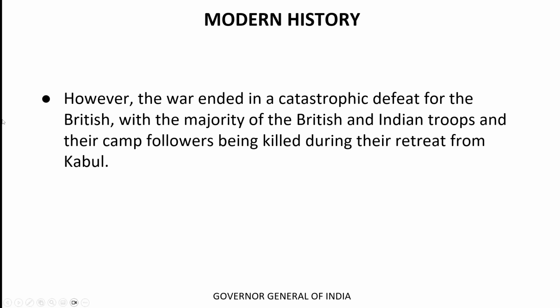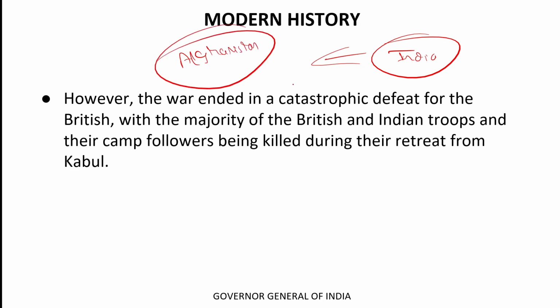So basically you can say they started war from India to Afghanistan because they failed to convince the Afghan ruler to establish a puppet government. And when they reached Afghanistan, they suffered a catastrophic, huge defeat, and they had to lose most of their troops and soldiers when they were returning to India from Kabul, which is the capital of Afghanistan.